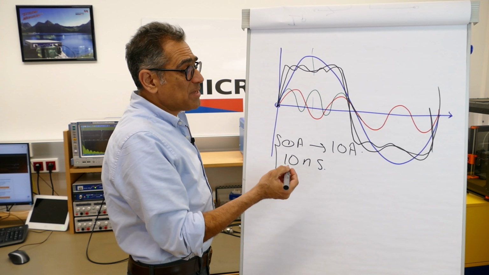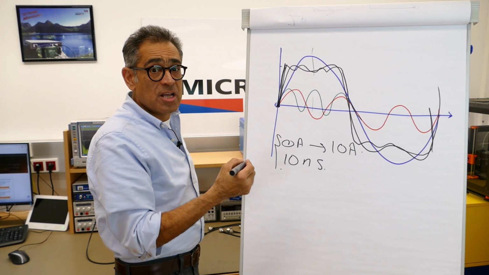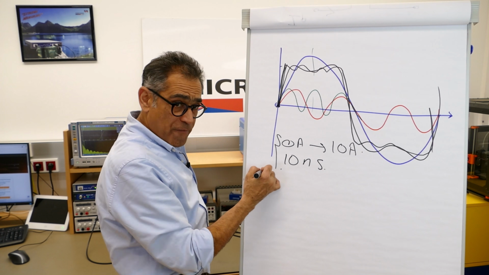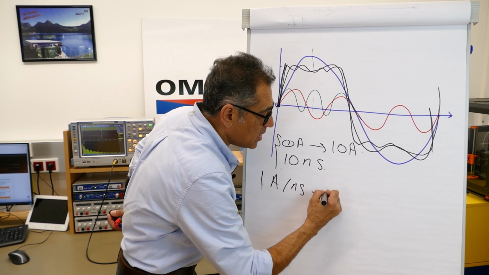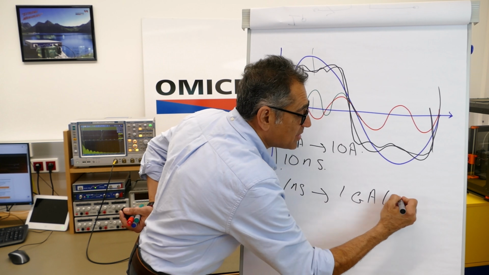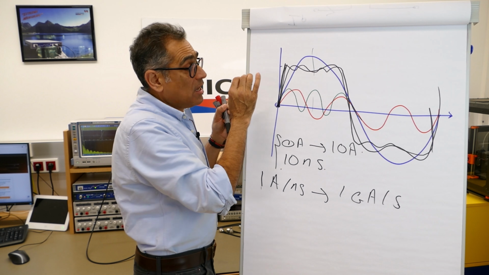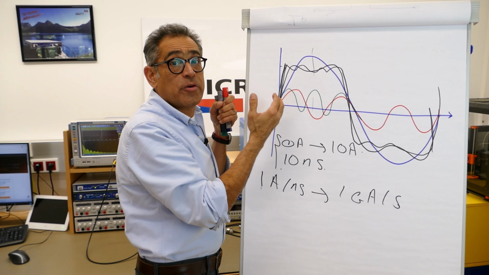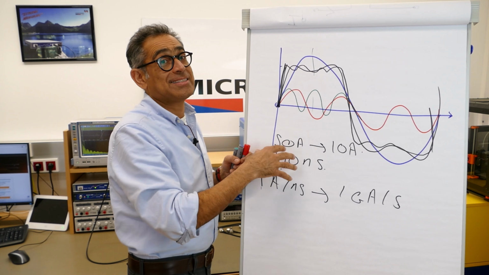So that gives me a rise time for this square wave of the current of somewhere in the region of 1 amp per nanosecond, which would be 1 gigaamp per second. And of course, this fast rise time, when decomposed into its Fourier components, will have many high harmonics, and we're going to show that in the lab.